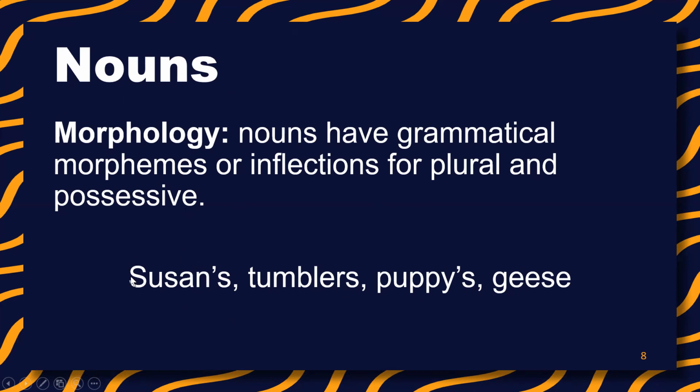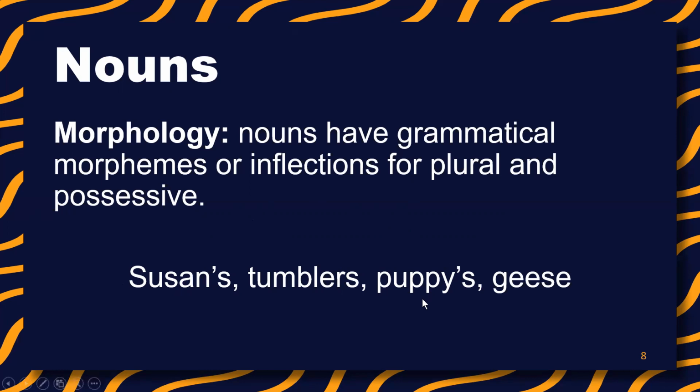For example, we have Susan's and puppies. Susan is already a noun, puppy is already a noun, a name of an animal, a name of a person. By adding the apostrophe S, it does not change the word class, as we have discussed in the past during our discussion of morphology, in particular inflectional morphemes.